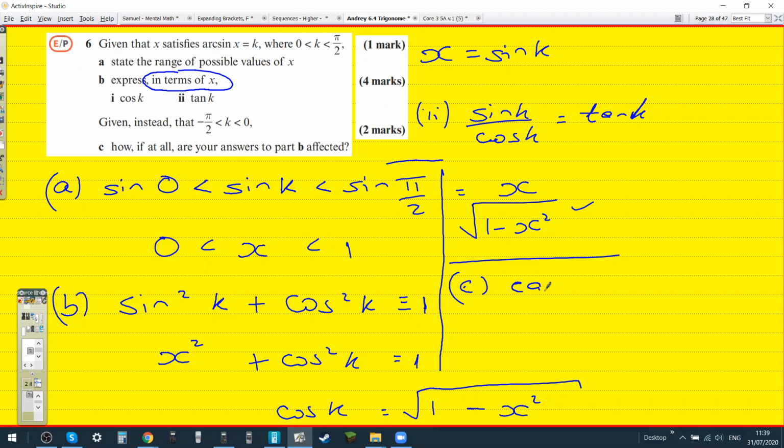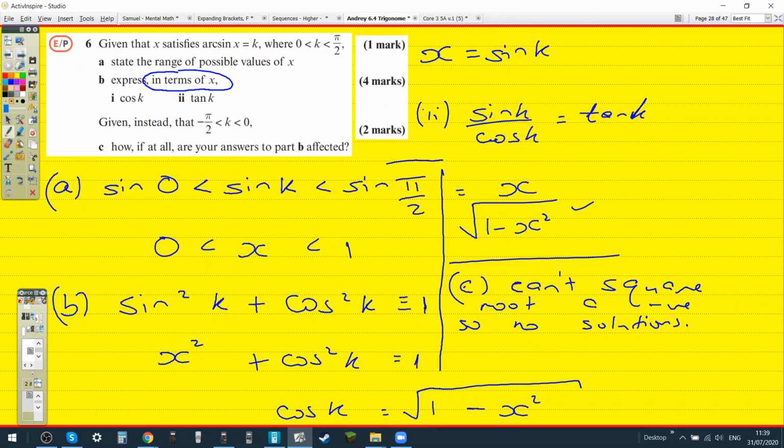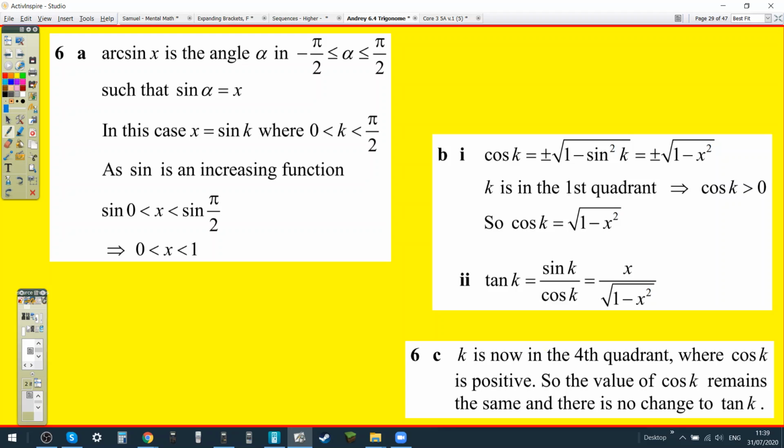Mm-hmm. So, can't square root a negative. So no solutions, or the way you said it is much better. Let's say k is now in the fourth quadrant where cos k is positive. So cos k is the same, but there's no change, and they're what?